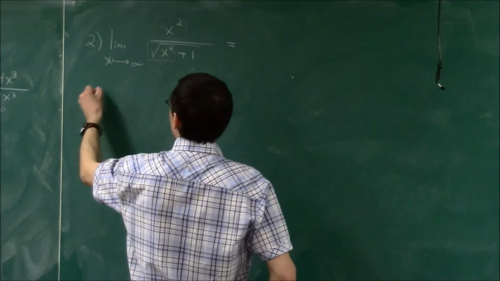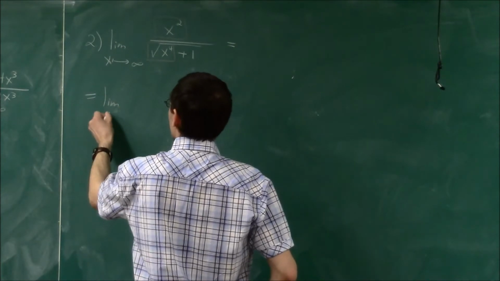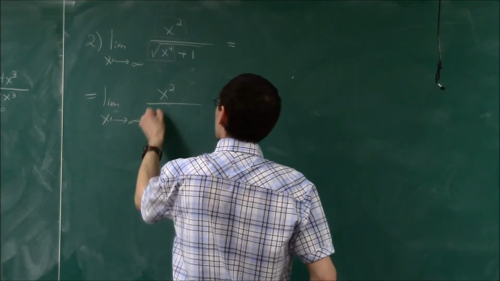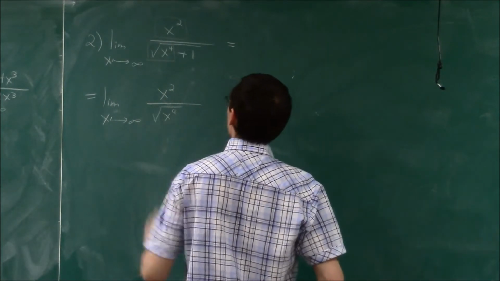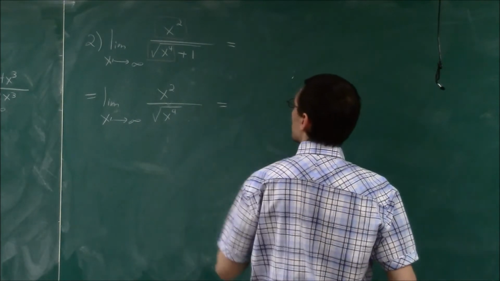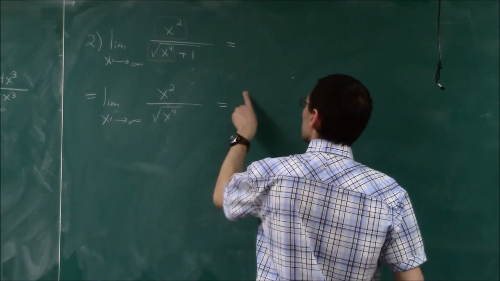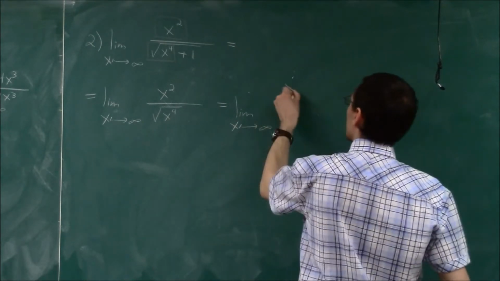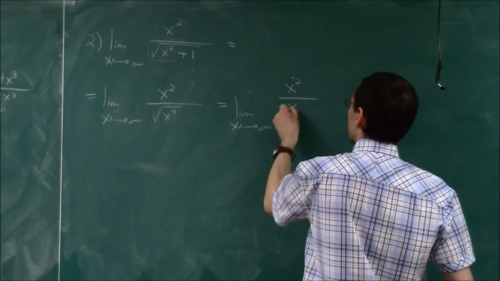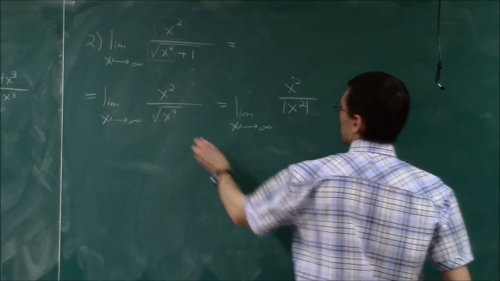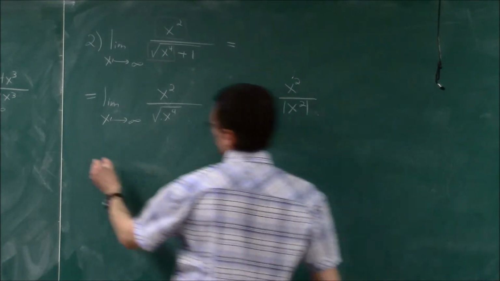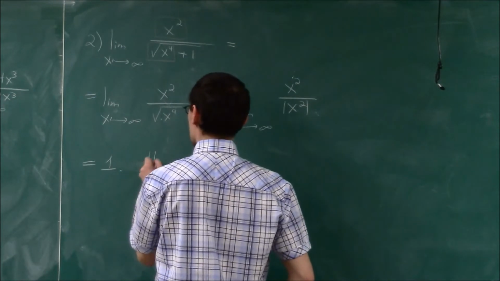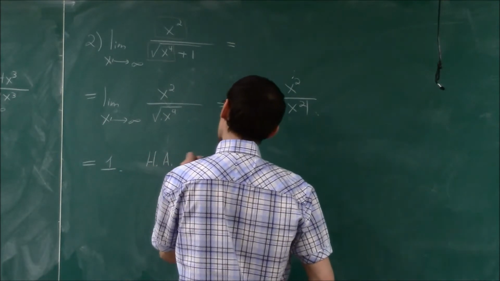So this is the same as the limit as x goes to infinity of x squared divided by the root of x to the 4th, which is the limit as x goes to infinity of x squared over the absolute value of x squared, which is just x squared. So the answer is simply 1. That means that we have a horizontal asymptote y equals 1.